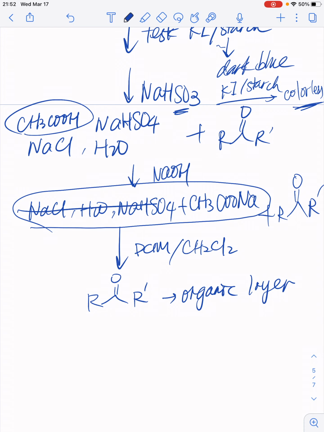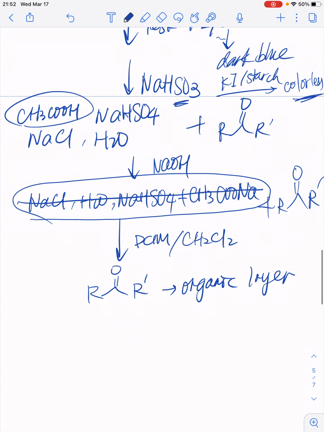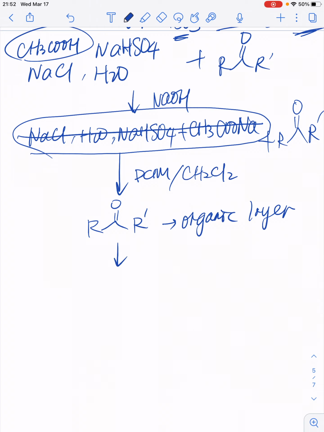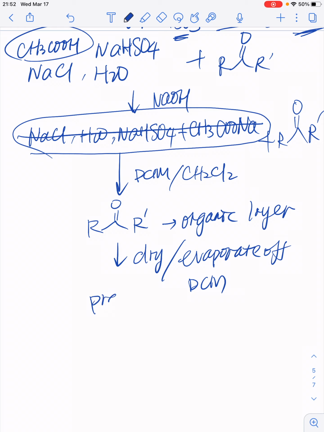So in that case, we get rid of all of those. And we use sodium sulfate to dry the solution and evaporate off DCM as an extraction solvent, which will give us the pure product.